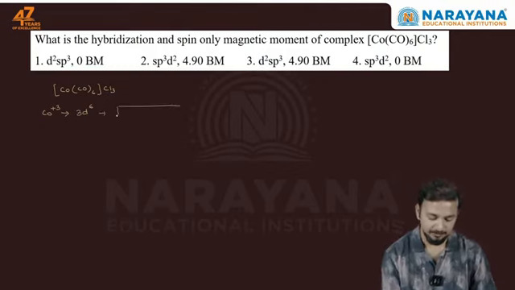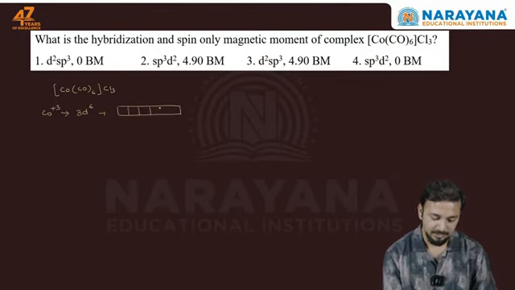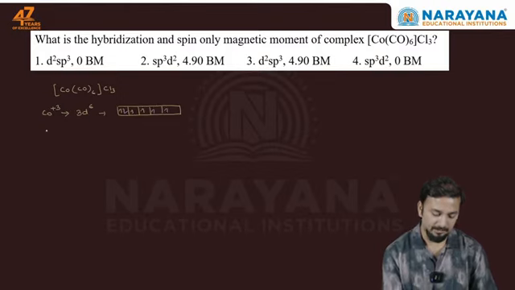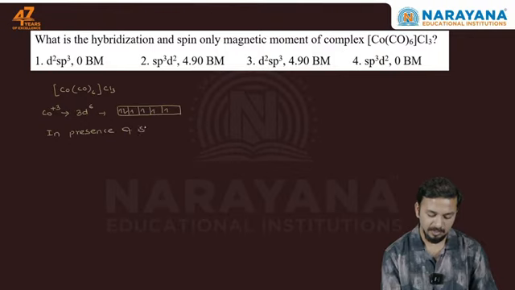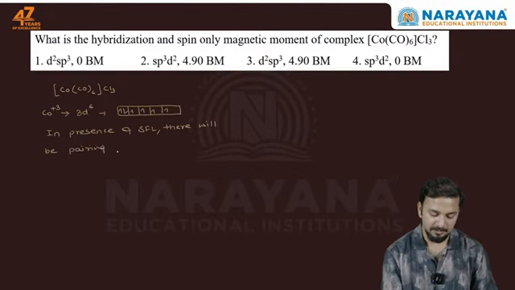So, if you write the configuration of cobalt plus 3, so cobalt plus 3 is 3d6, 1, 2, 3, 4, 5 and 6 electrons, and in presence of a strong field ligand, there will be pairing of electrons.